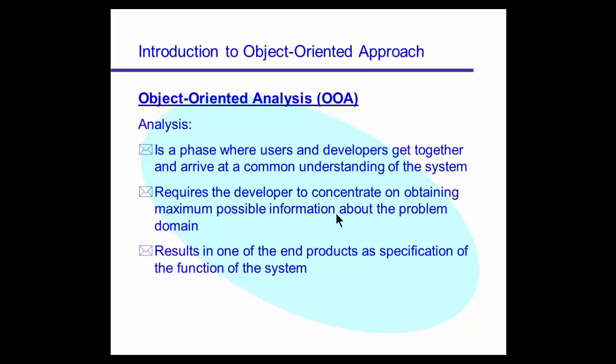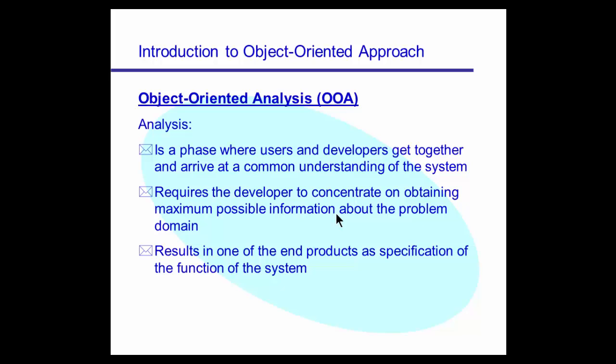A domain can be a .NET domain, a Java domain, a web domain, a desktop domain, or a mobile domain, whatever it can be. So the developer should gather the maximum possible information about the platform on which he is going to develop the software application.